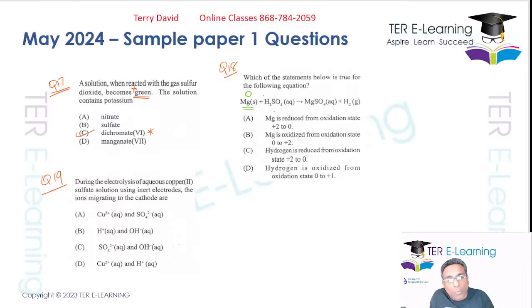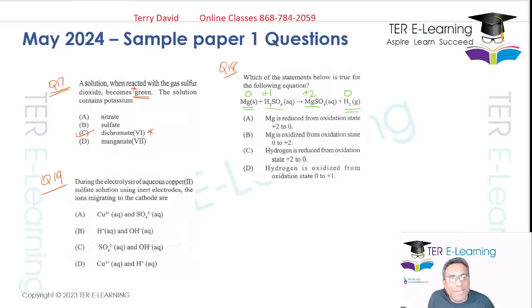In the sulfuric acid, H has an oxidation state of +1. Going across to the right-hand side, magnesium in magnesium sulfate is +2, and hydrogen in hydrogen gas is 0. Those are the oxidation states of importance.